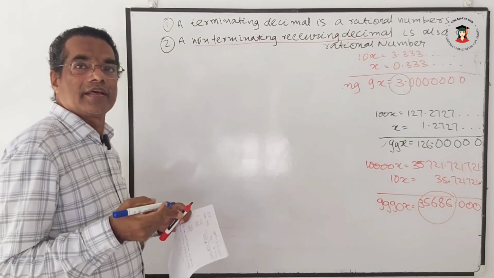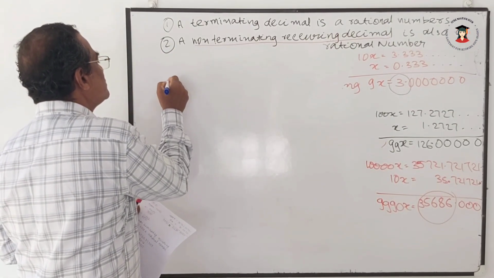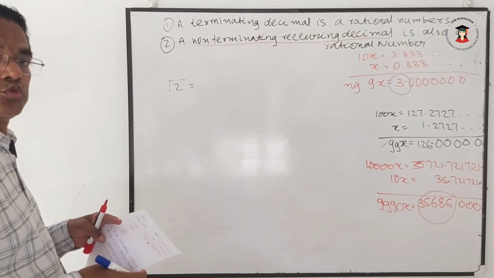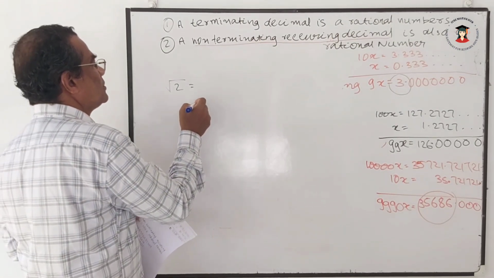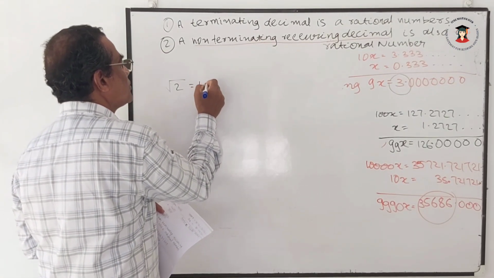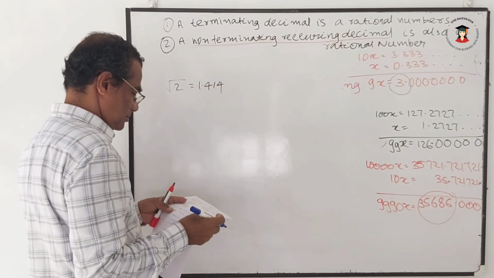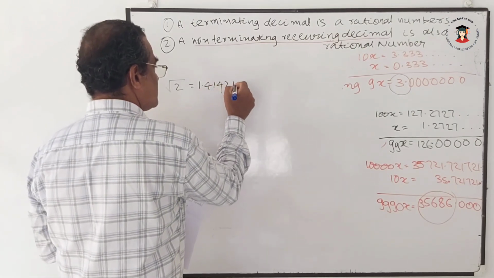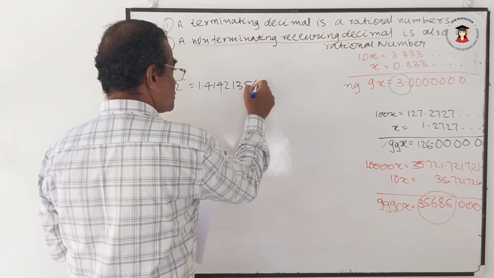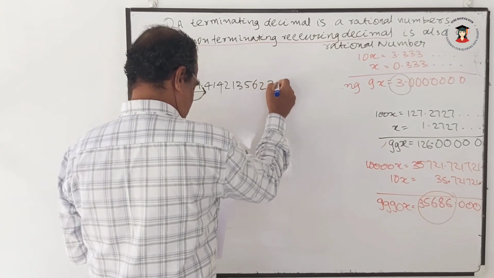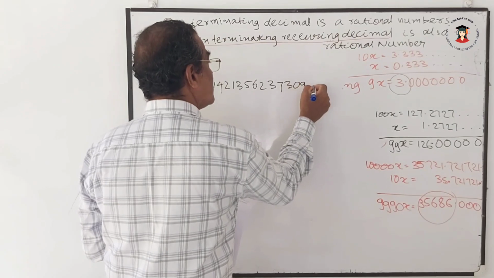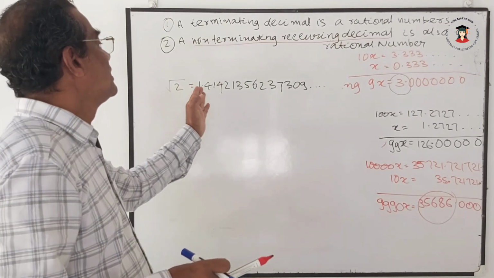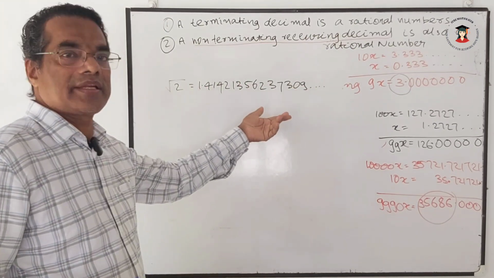Such numbers are there. If you go for finding the square root of 2, you will get a number 1.414 2135 62 37309, and if you go on continue, you will find that it continues infinitely, and there is no definite pattern.